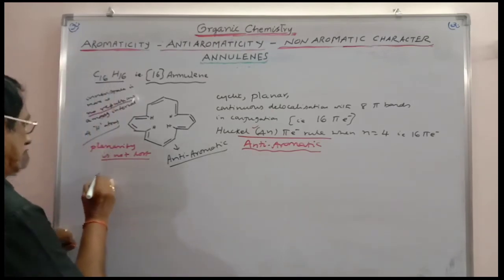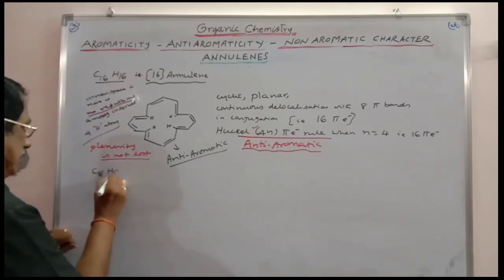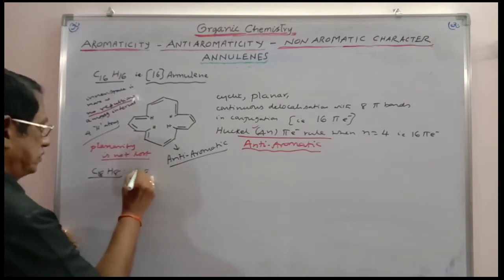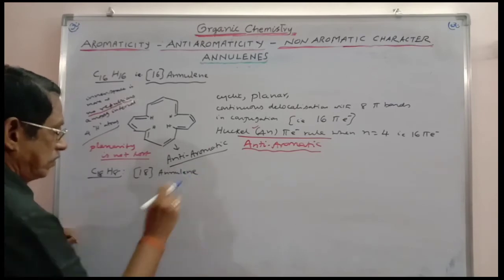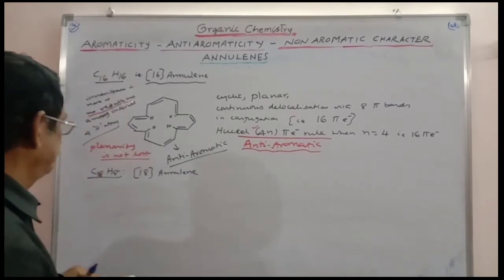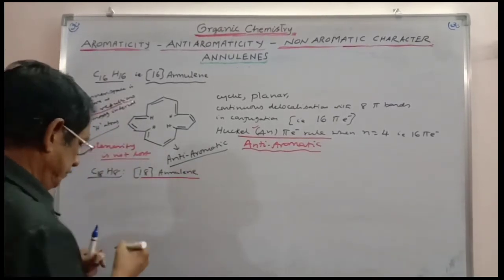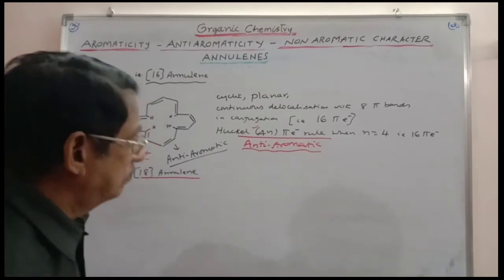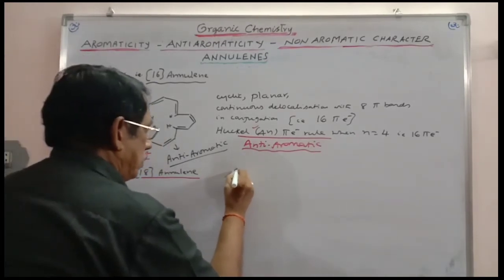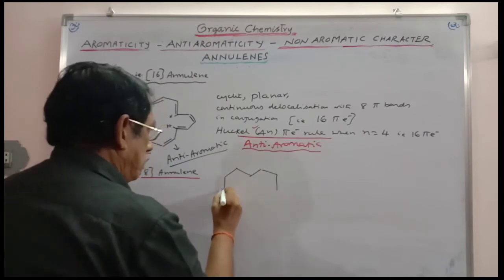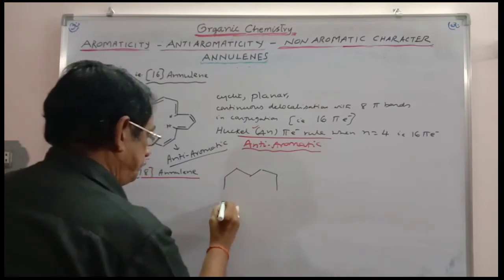Similarly, we can take C18H18. That means 18 annulene. We are considering 18 annulene. In what way can the structure be represented? This is 1.